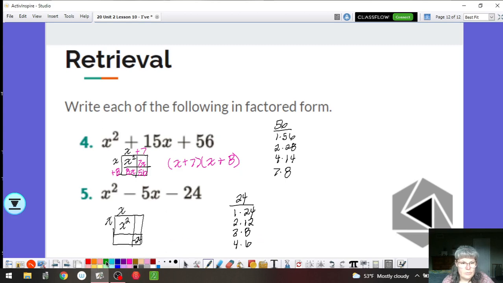If I use a positive 3 and a negative 8, I'll get a negative 5x. And positive 3 times negative 8 will multiply to give me negative 24. So this factors as x plus 3 times x minus 8.